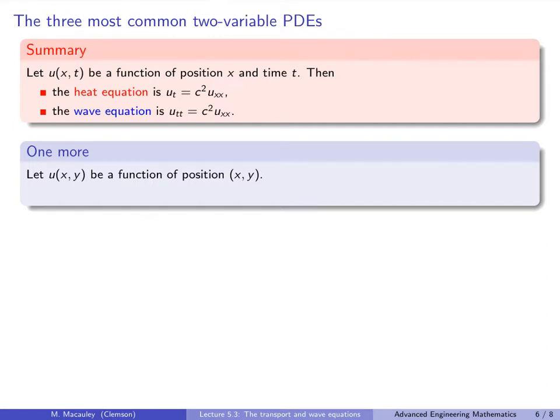And we haven't seen the third one yet, and it usually arises when the 2 variables are position x and y rather than x and t. So suppose u is a function of position x and y, then Laplace's equation is the PDE uxx plus uyy equals 0. We'll talk more about this in the section on higher dimensional PDEs, but this comes up all the time, and we'll explain what this means physically.